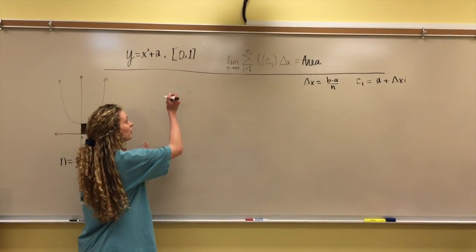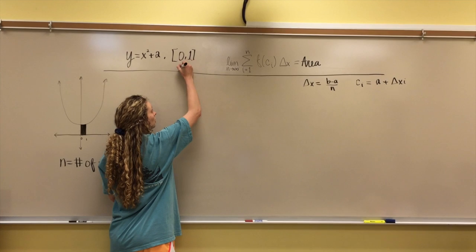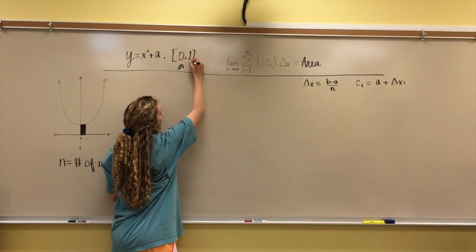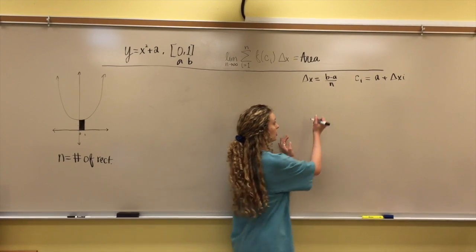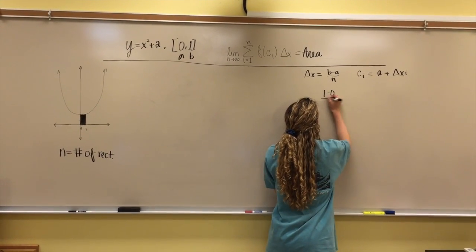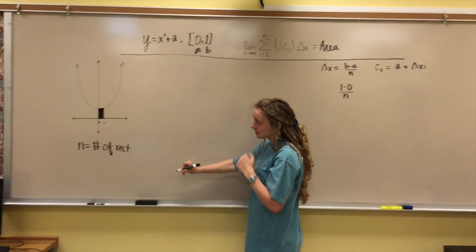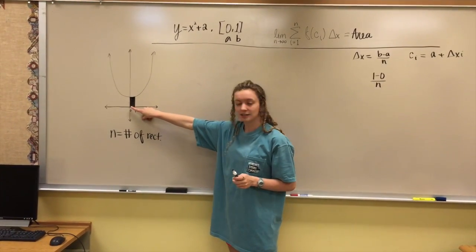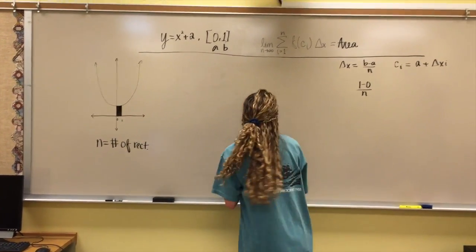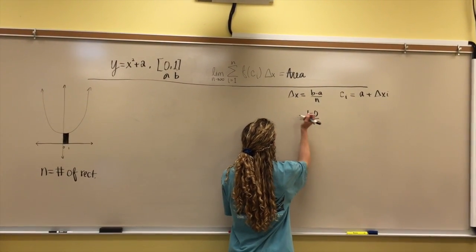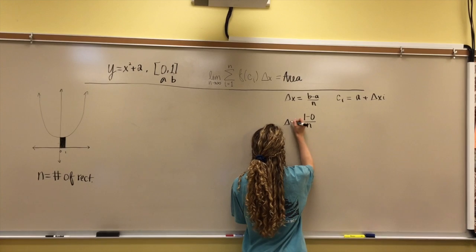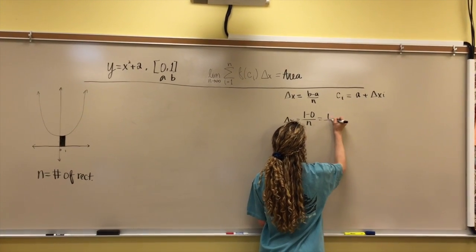Our 0 is going to represent a, and our 1 is going to represent b. So we have b minus a, so 1 minus 0 over n, and n is just the number of rectangles that are going to fit into this little space. And so we're just going to keep it there. And so our delta x is going to simplify into 1 over n.